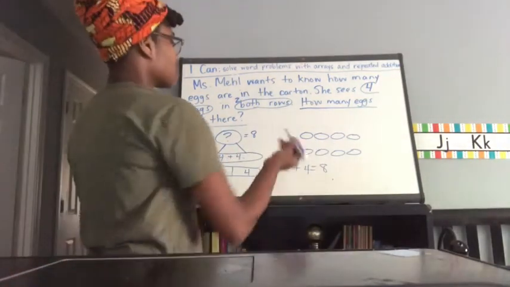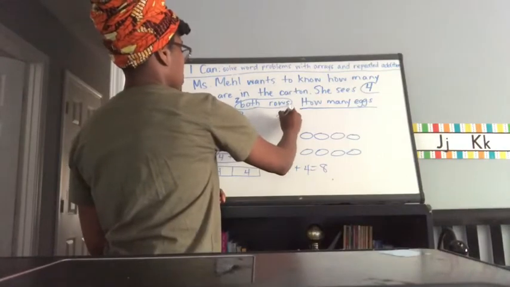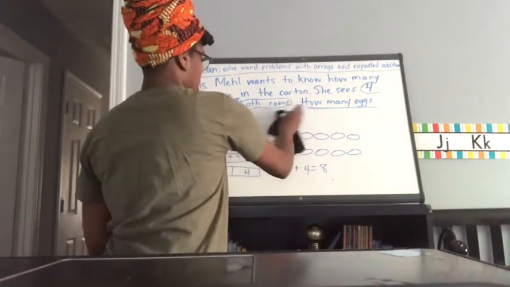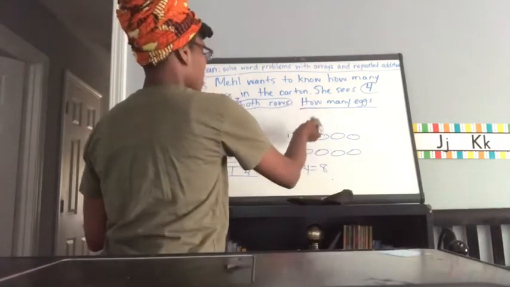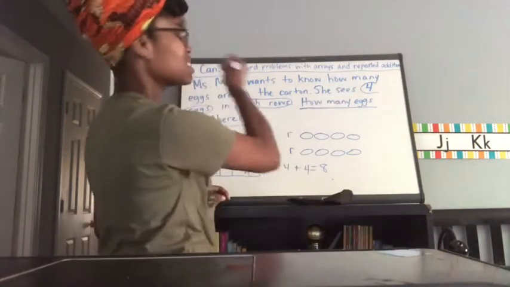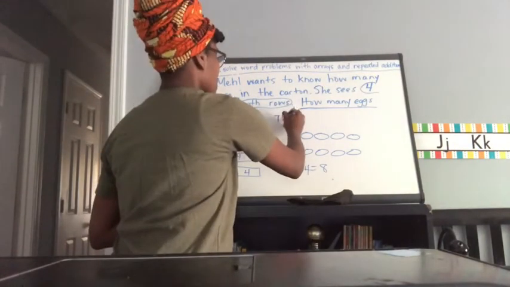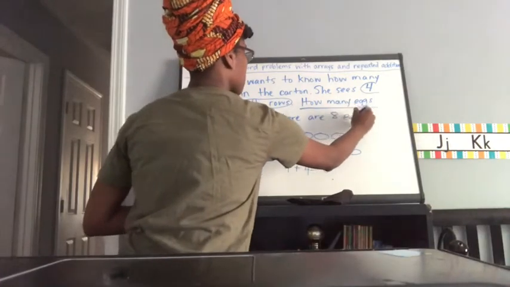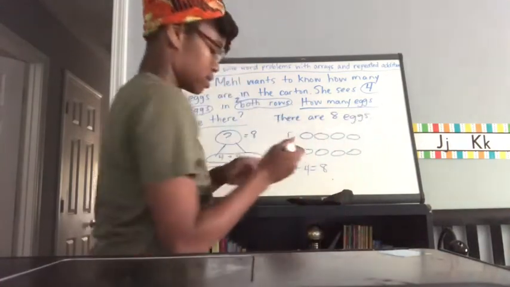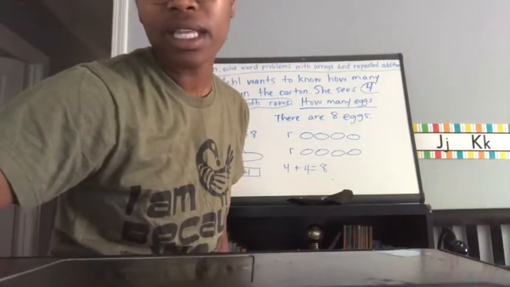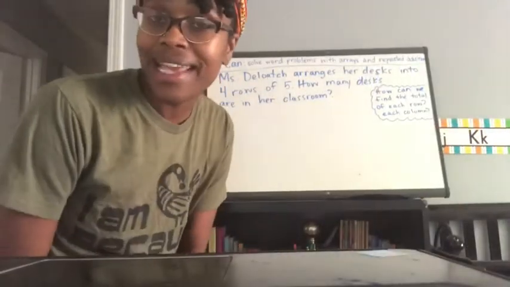So in a complete sentence, there are, it shouldn't be she sees, because that's not what the question asks, and it's okay to make mistakes, but that's why reading is so important, and I've underlined my question, so I'm going to steal from it. There are 8 eggs. We're on the right track. Let's keep going to the next question.